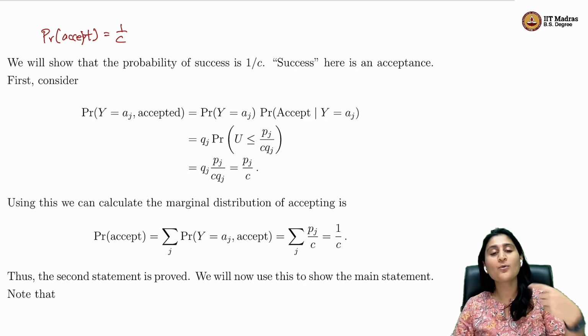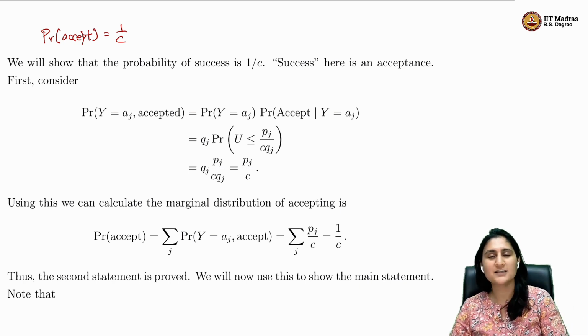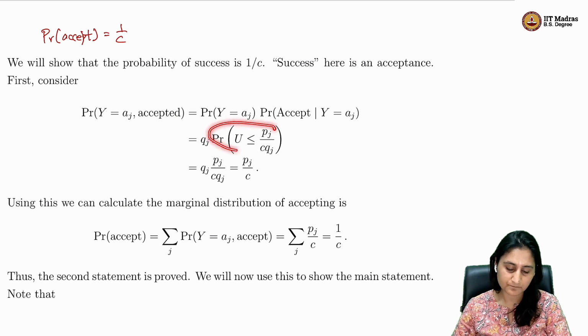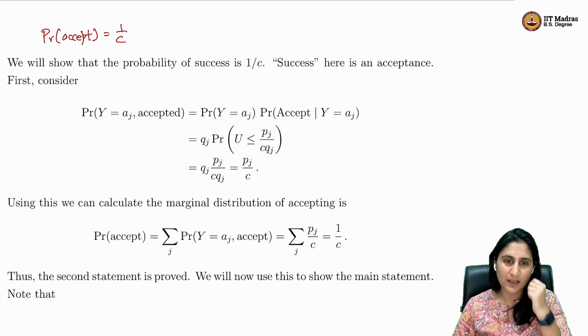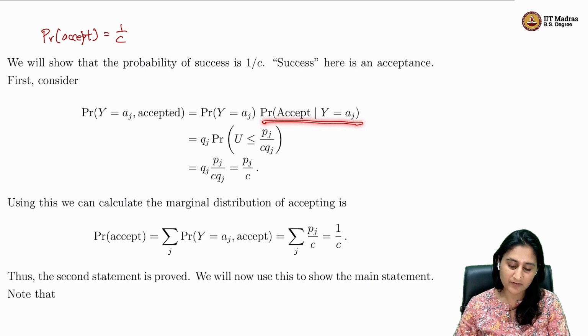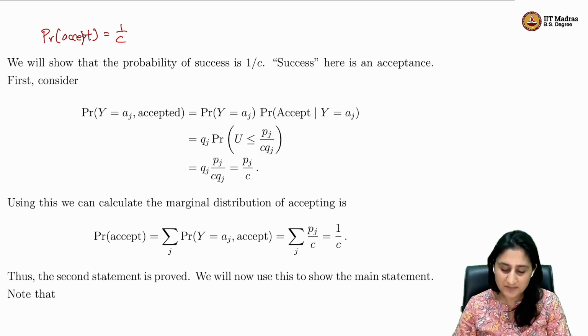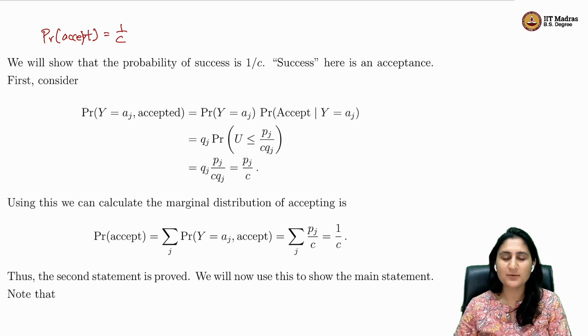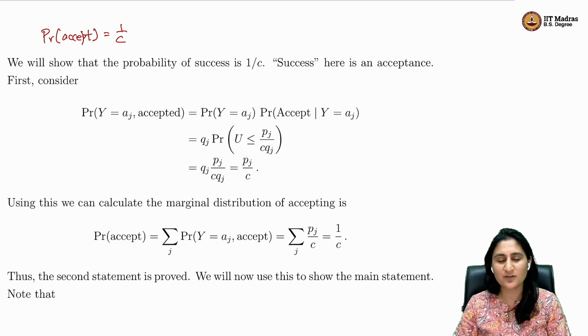I accept only when U is less than or equal to Pj by C Qj. So this is equivalent to the probability that U is less than or equal to Pj by C Qj, where these are now just numbers. I know this probability very well, because I know what the CDF of a uniform random variable is.